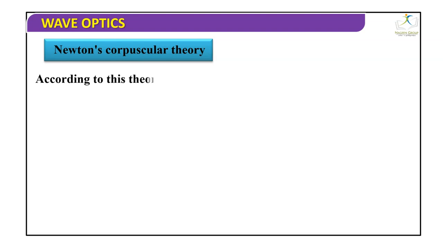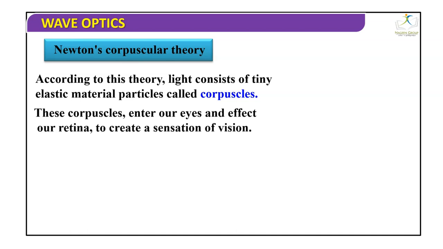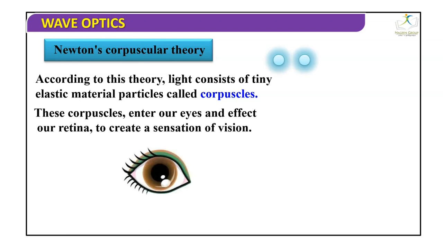According to Newton's corpuscular theory, light consists of tiny elastic material particles, which are called corpuscles. These corpuscles enter our eyes and affect our retina to create a sensation of vision.